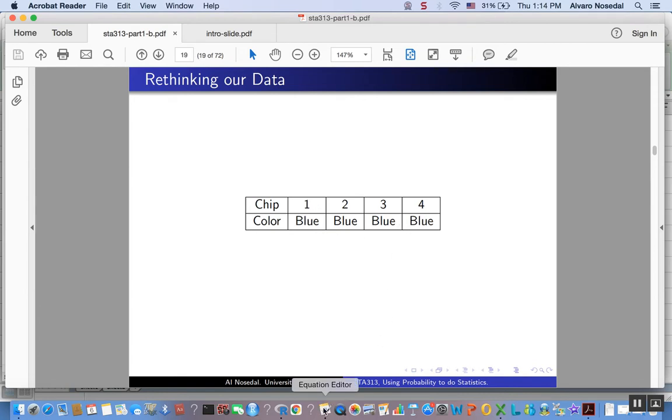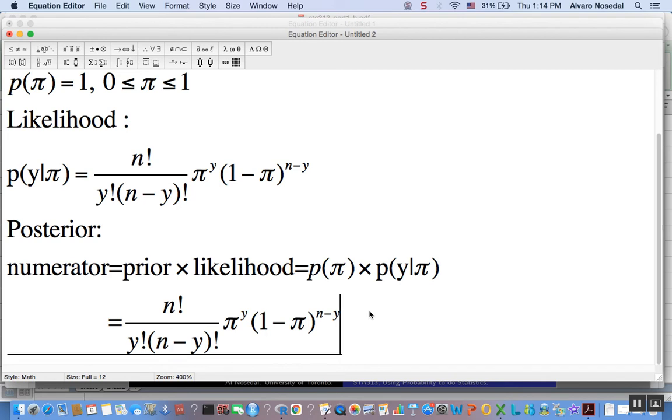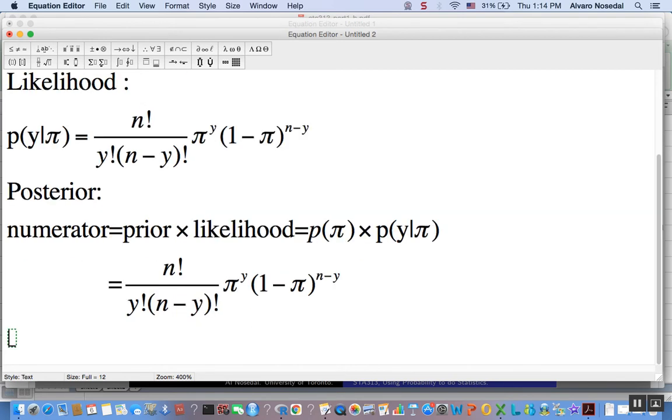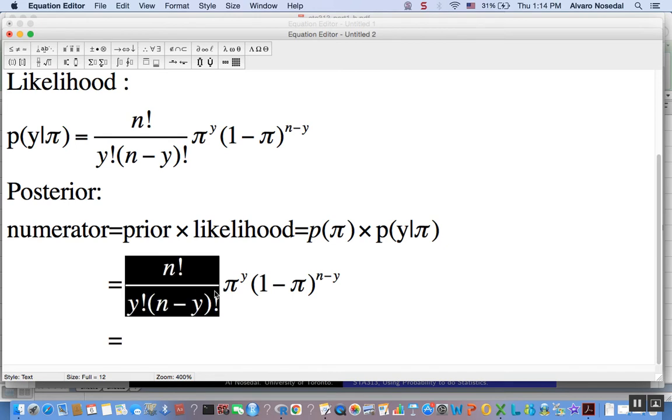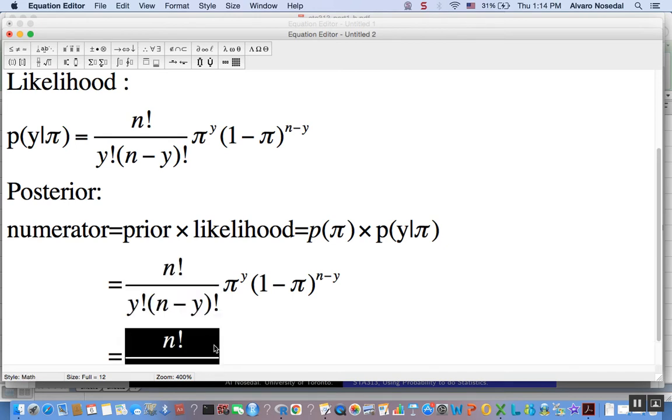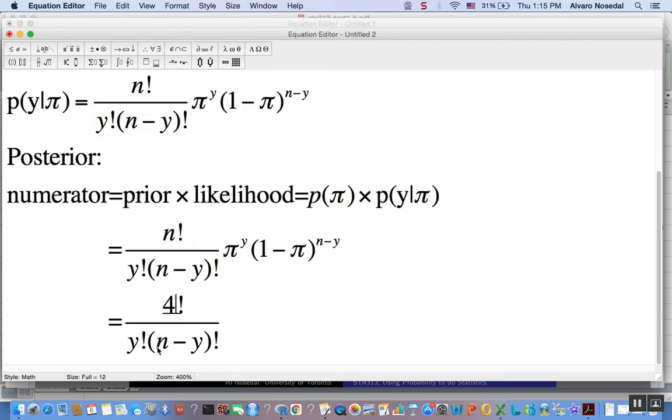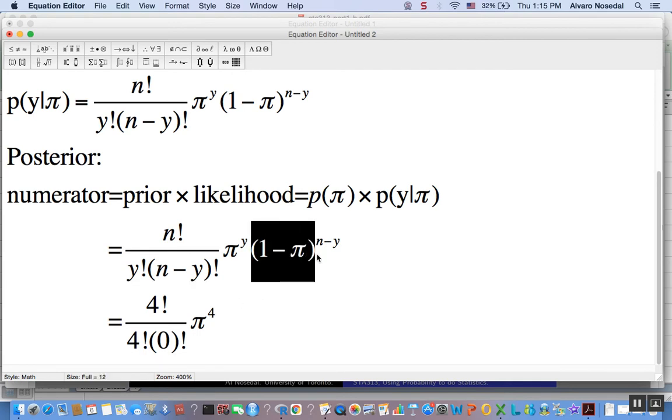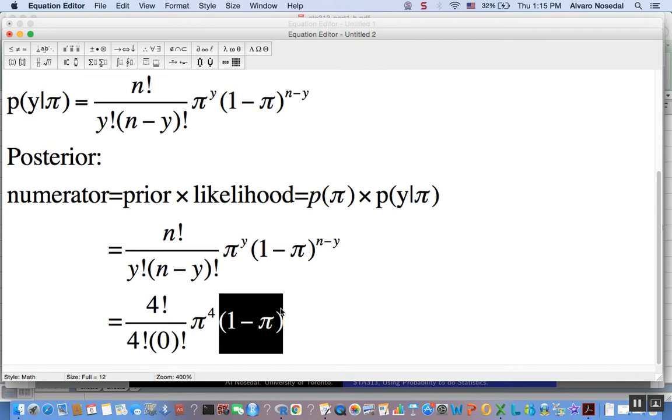In our particular case, n, the sample size, was 4, y was also 4, so we ended up with 4 over 0 factorial, and then pi to the power 4, 1 minus pi to the power 0.